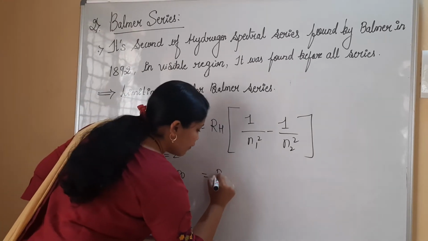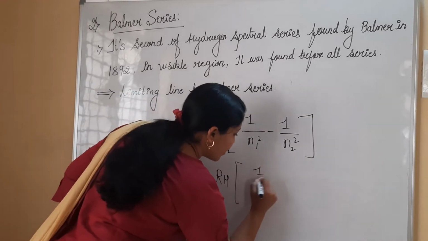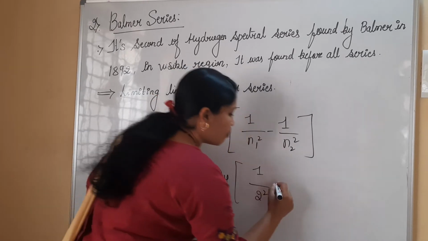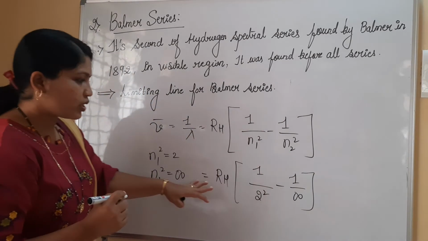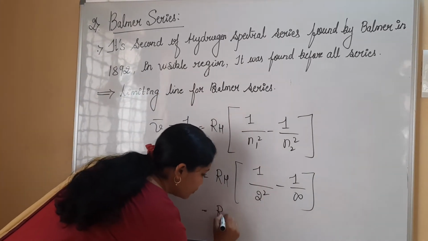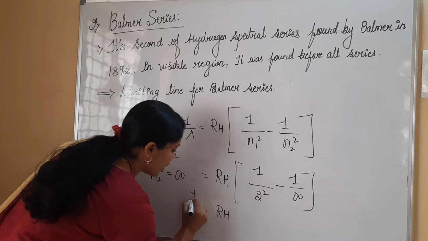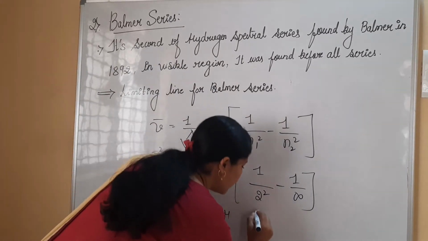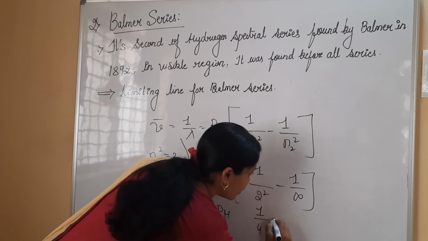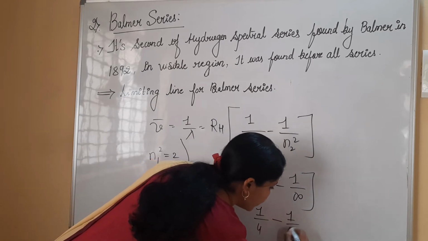So N2 will be considered as infinity. If N2 is infinity, see here RH, 1 by 2 square I can consider, minus 1 by infinity I can consider. Right? So once we consider like this, I will be having RH, that is 1 by lambda value equal to, I will be considering 1 by 4 minus 1 by infinity. Okay.